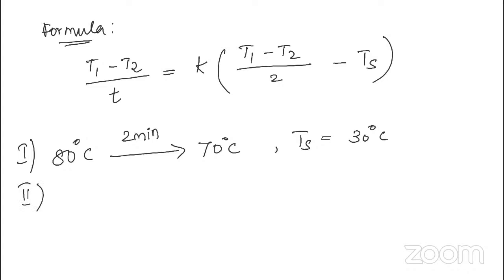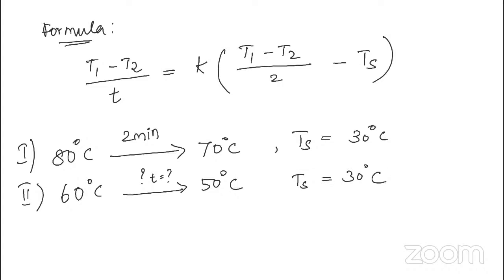Then the time taken to cool from 60 to 50: the same condition should be applied from 60 to 50 degrees centigrade. How much time does it take? Here we take it as a t value, which we have to calculate. For this condition also, the surrounding temperature Ts is equal to 30 degrees centigrade.